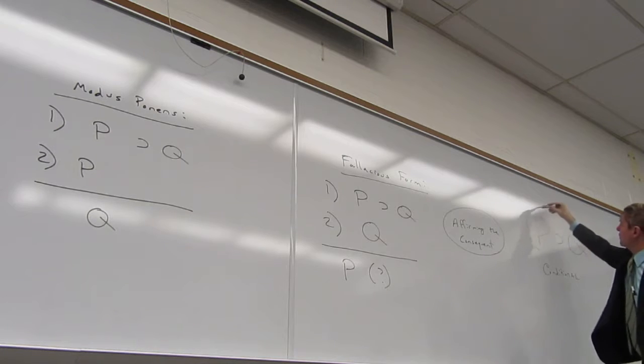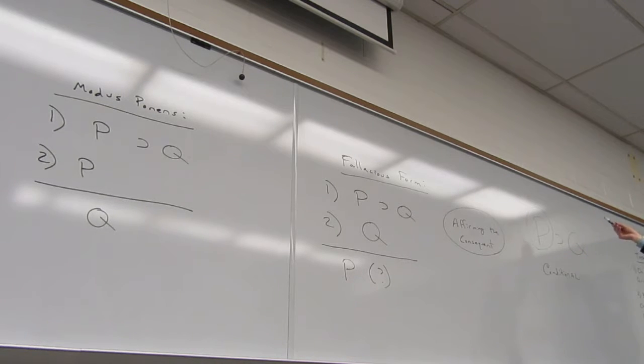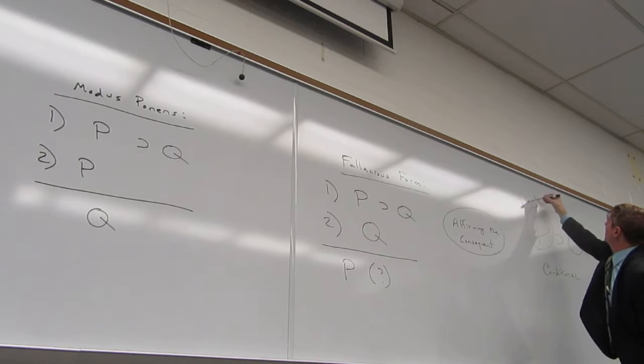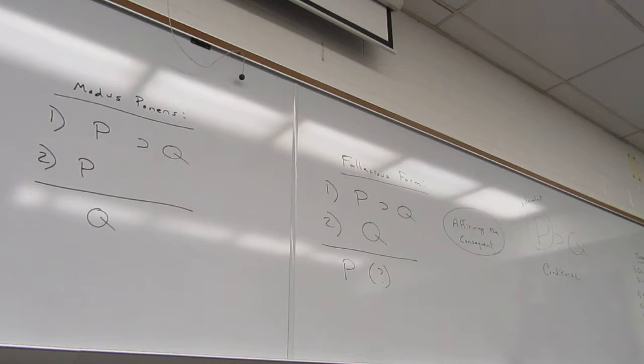Now, this side of the conditional, the front end, we call the antecedent. This tail end of the conditional, we call the consequent. And if you want to remember that, if this is the case, this is consequently also the case.